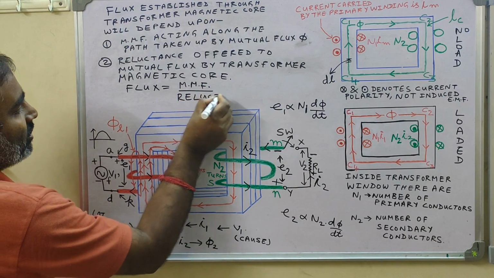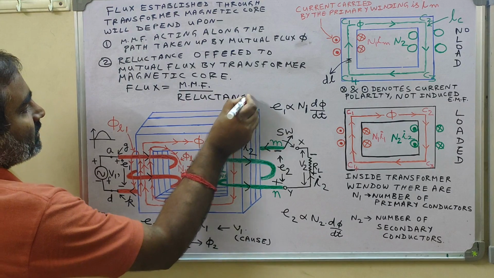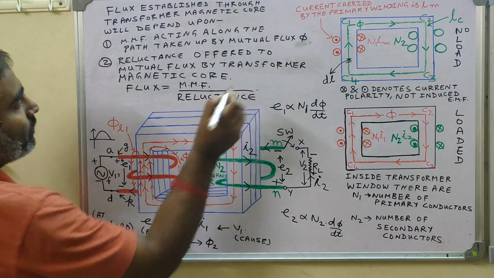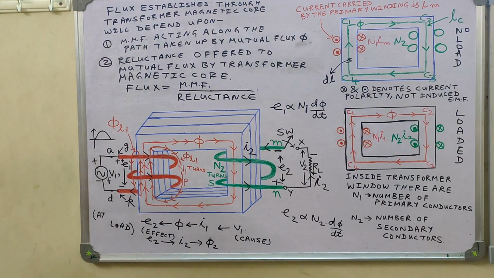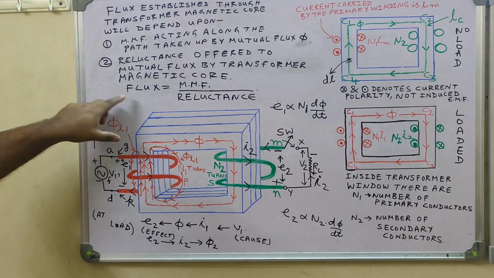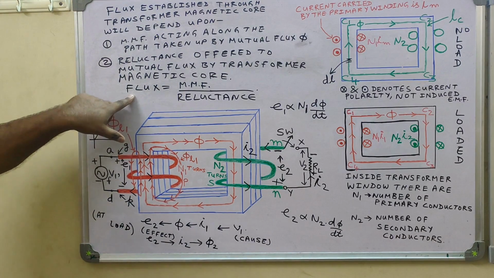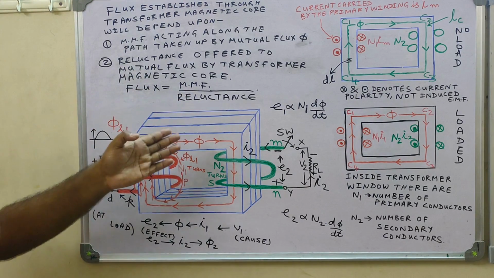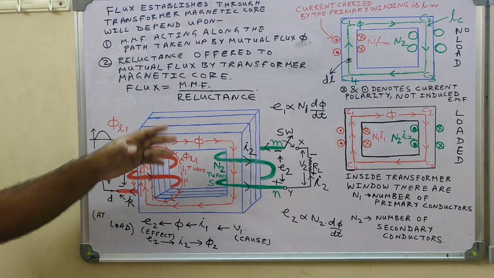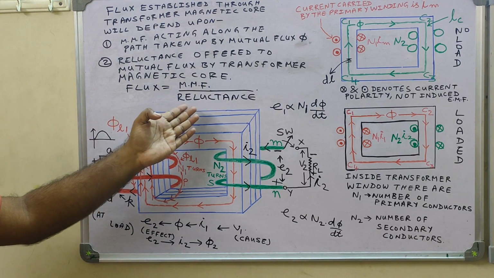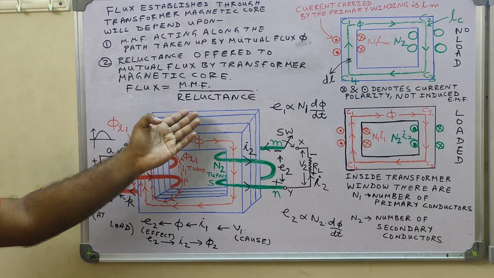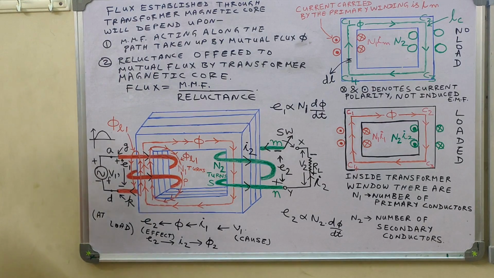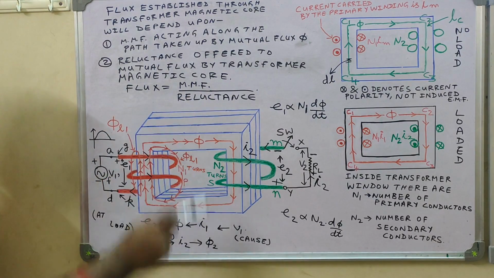This simple equation conveys the same meaning. Magnetic flux is given by magnetomotive force acting along a magnetic circuit divided by the reluctance offered to the flux by that magnetic circuit. So flux equals MMF by reluctance.